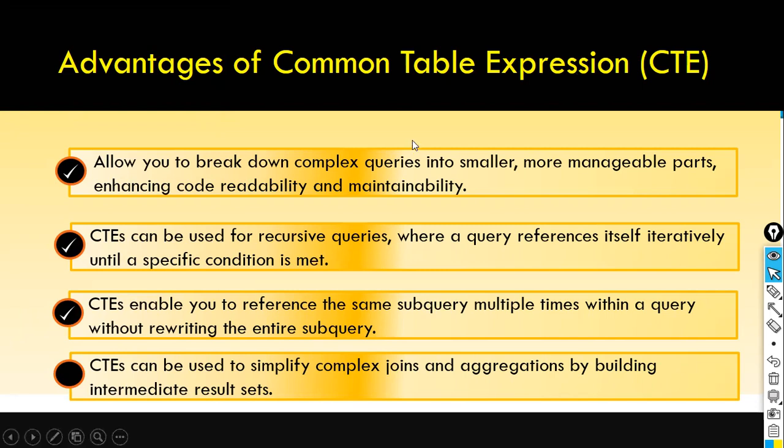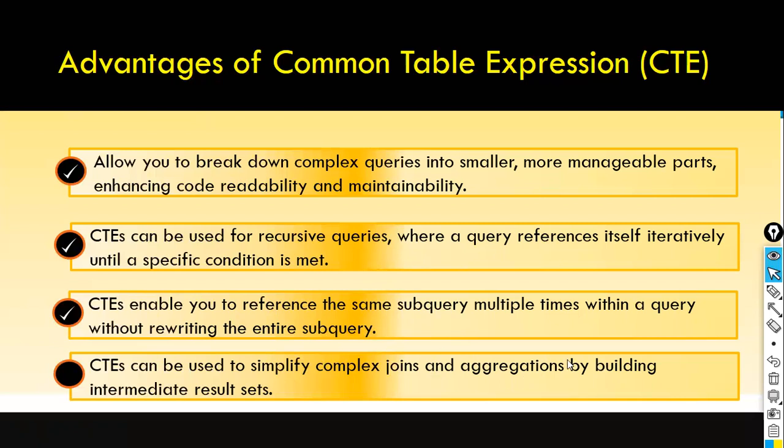Don't worry. The advantage of this one is it breaks down your complex code into smaller and manageable chunks. If you break your complex code into smaller chunks, obviously it will improve your readability and maintainability. It can be used for recursive queries, where a query references itself iteratively until a specific condition is met. It enables us to reference the same subquery multiple times within a query.